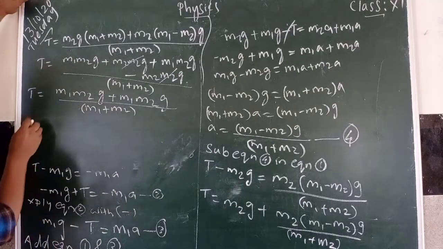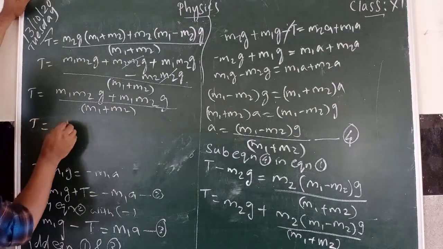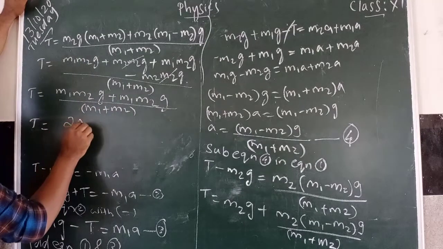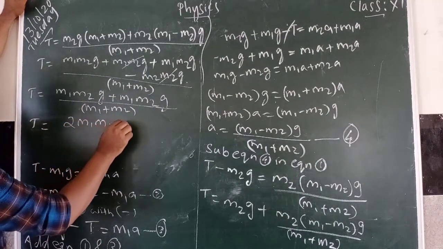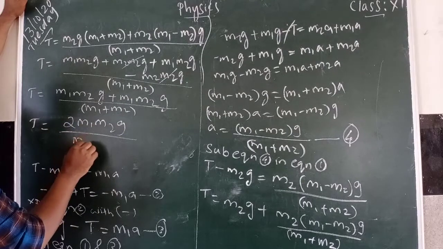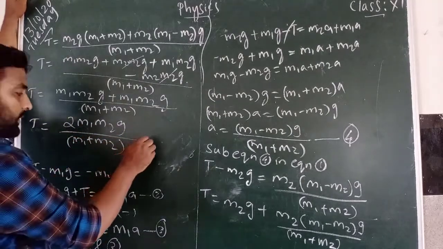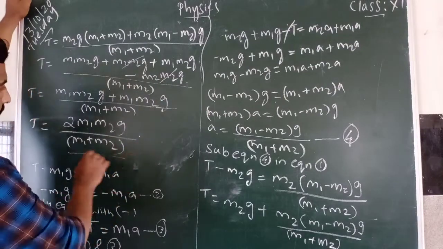So 2 M1 M2 G divided by M1 plus M2. This is our tension equation.